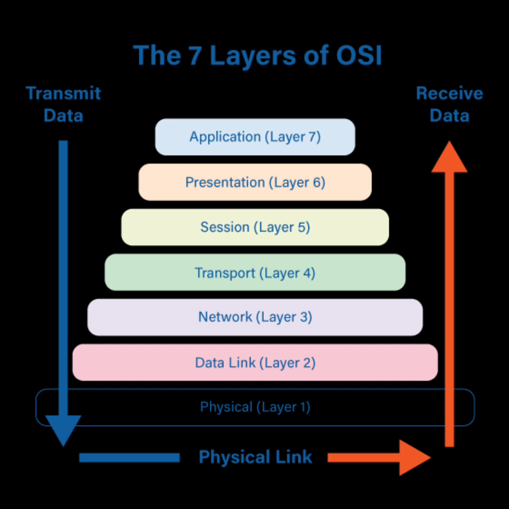The first layer is the physical layer, the second is the data link layer, the third is the network layer, the fourth is the transport layer, the fifth is the session layer, the sixth is the presentation layer, and the seventh is the application layer.